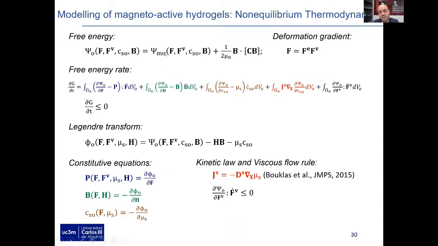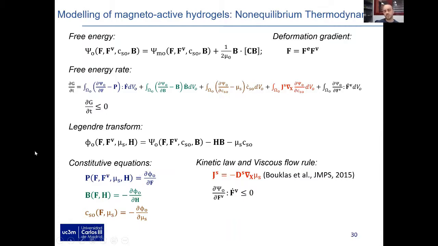Playing with this definition of the free energy, and taking into account the different governing equations I mentioned before, we put everything together in an inequality for the free energy rate. Then directly from here, applying some Coleman and Noll arguments, we can get the following constitutive equations.